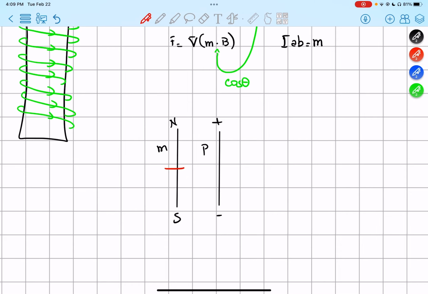For example, if we were to break a magnet in half, we would have two magnets, each with a north and south pole. But if we break an electric dipole in two parts, we would have a positive side and a negative side. That's the reason why it doesn't work.